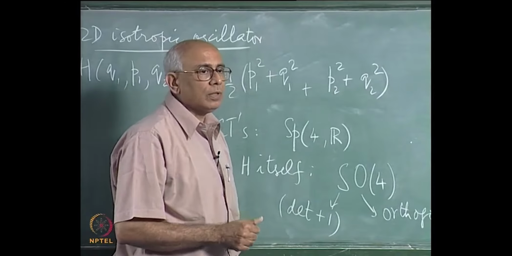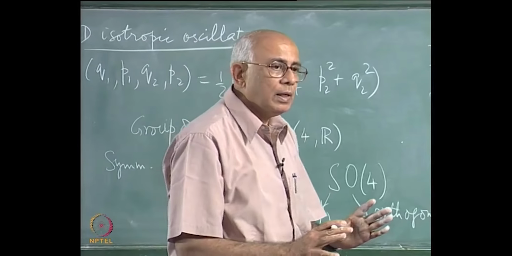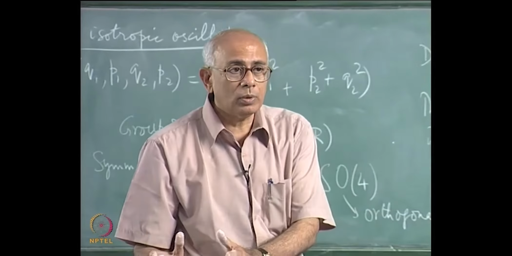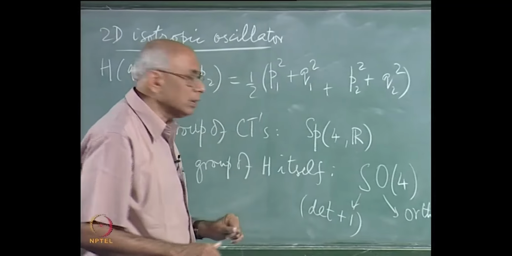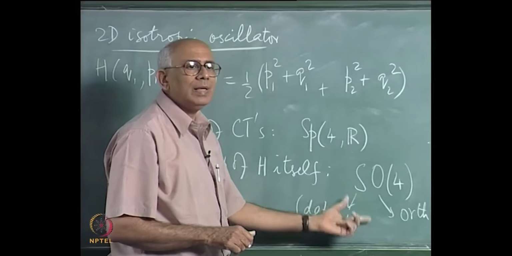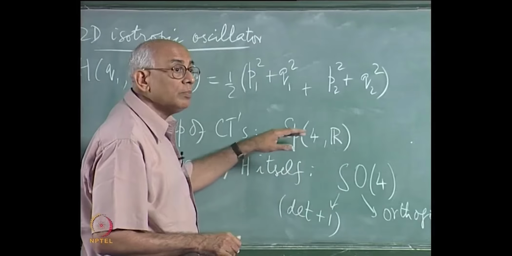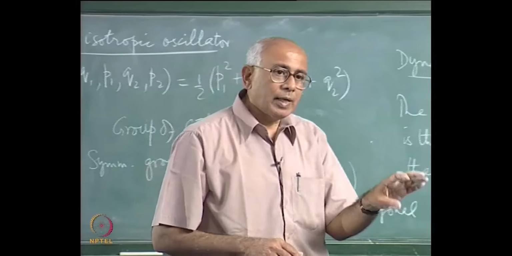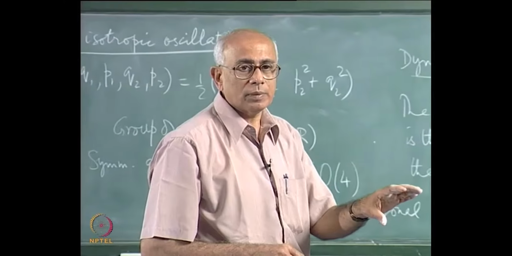It is clear that for the dynamical symmetry group of this problem, the set of transformations in phase space that leaves this Hamiltonian unchanged and takes the Hamiltonian flow to a Hamiltonian flow, does not change the Poisson bracket structure, is that set of transformations which belongs to both this group as well as this group. In other words, the intersection of these 2 groups. So all matrices which are both symplectic as well as belong to this SO4, that special subset of canonical transformations is in fact the symmetry group of this system.